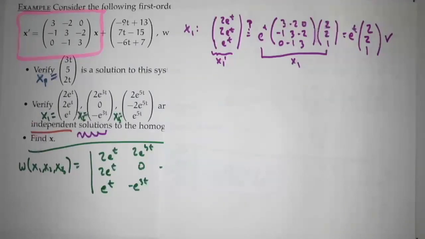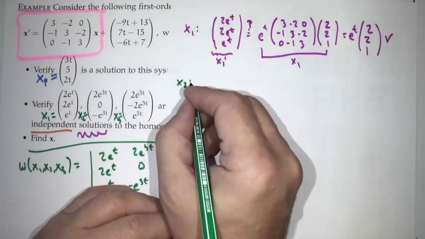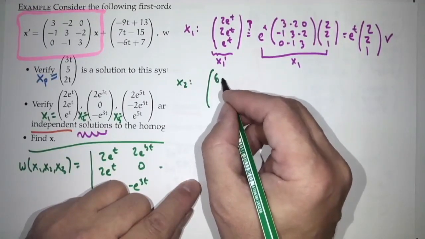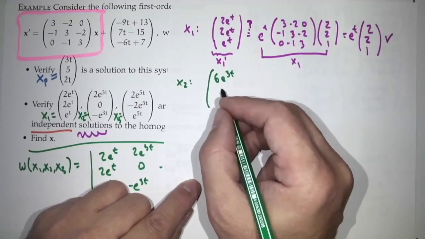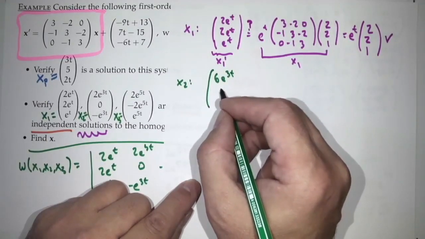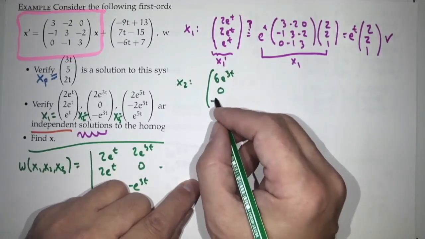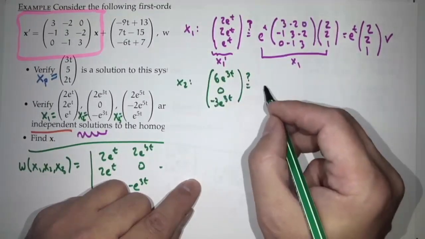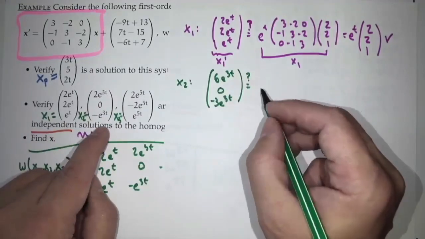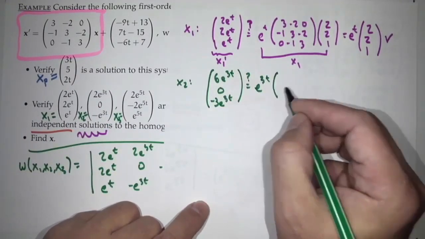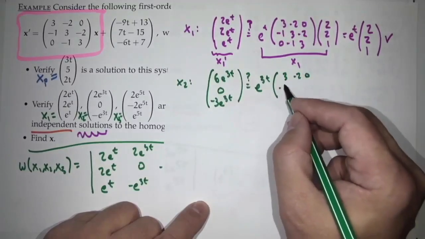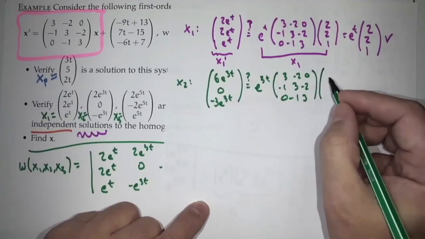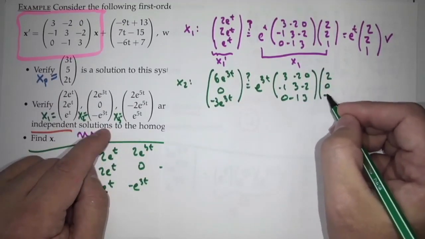All right, x2. Well, what's x2 prime look like? 6 e to the 3t, 0, negative 3 e to the 3t. Does this equal? That's what we're trying to figure out. Again, we'll factor out e to the 3t as a common factor. We have our same matrix, and we multiply that by what happens after we pulled out: 2, 0, minus 1.